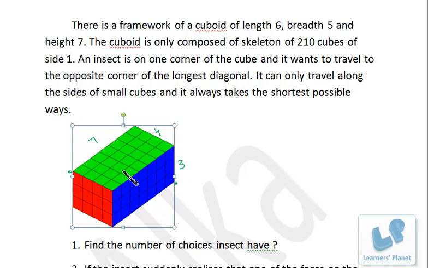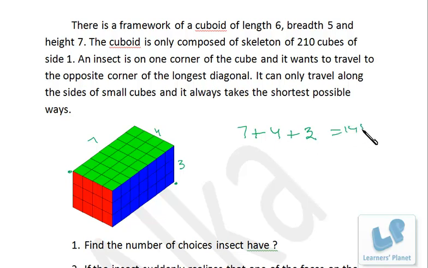So in this particular cuboid, to reach from this place to this place, it has to cover 7 plus 4, 11, and 3, 14 steps. Among these 14 steps, 7 correspond to length, 4 correspond to breadth, and 3 correspond to height, right? So in all, 7 plus 4 plus 3, 14 steps.